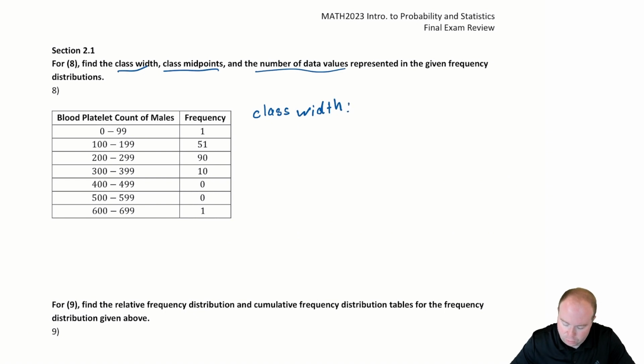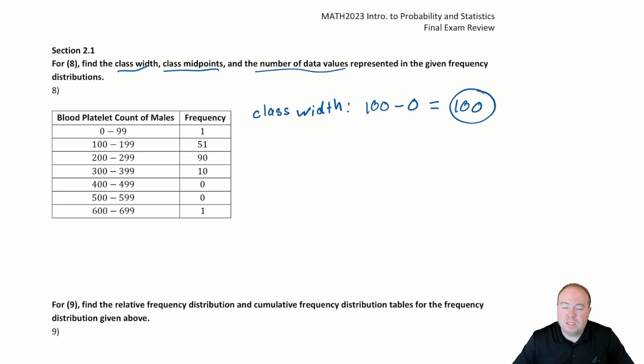Let's just do the first two lower boundaries. 100 is the second class's lower boundary. 0 is the first class's lower boundary. So our class width is 100.